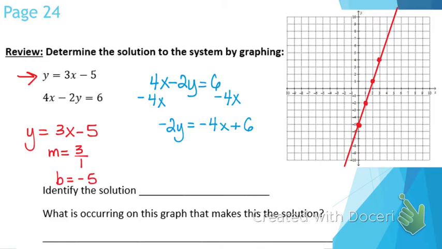And then we need to divide everything by -2. So let's divide it by -2 because we have to solve it for y in order to put it in slope-intercept form.